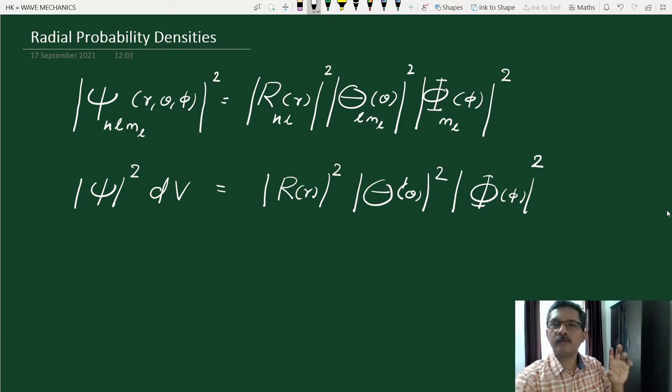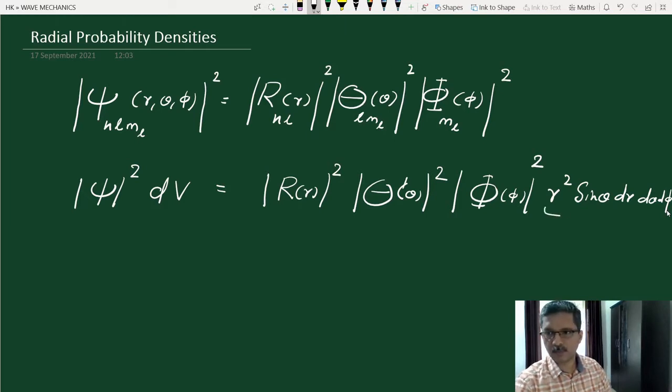This volume element, if we use spherical polar coordinates, is r square sine theta dr d theta d phi, where r is the radial distance, radial variable, theta is the polar angle, and phi is the azimuthal angle. This is the volume element in spherical polar coordinates.